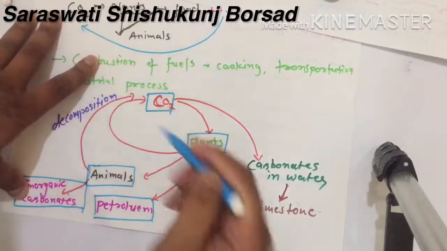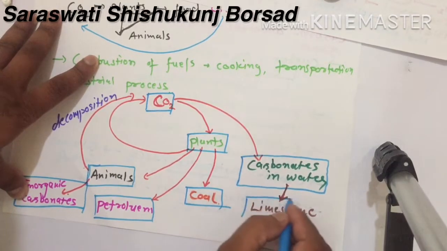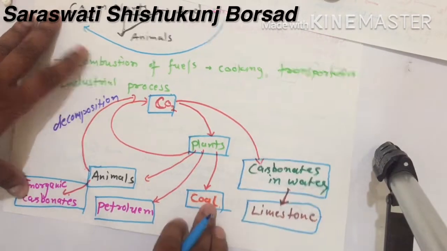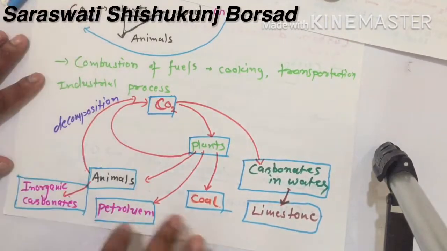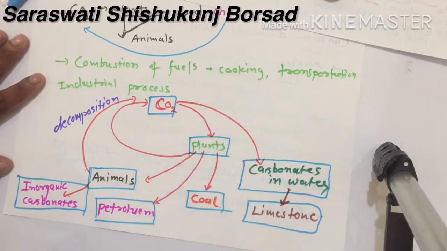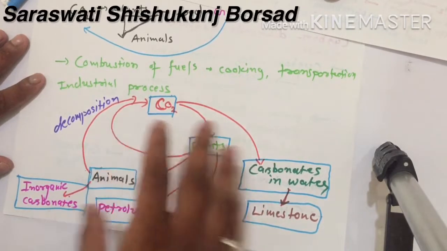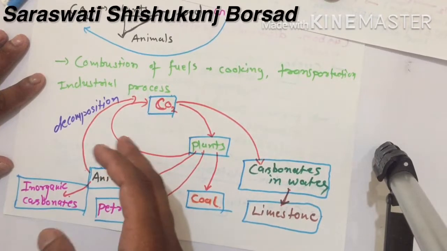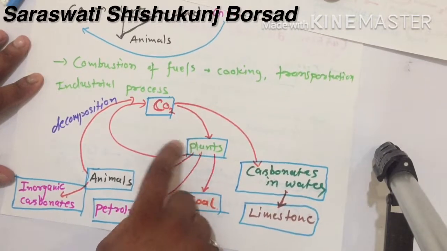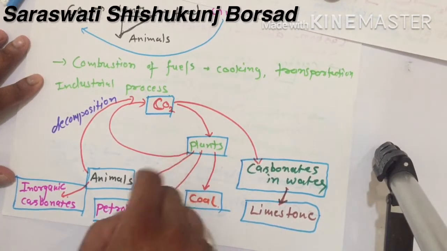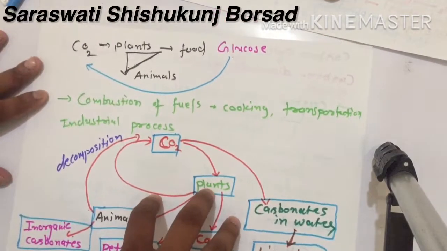Okay, so this way the carbon cycle works. So this cycle continuously happens. Again, there are many ways to release carbon dioxide into the atmosphere, but to utilize that carbon dioxide, there are only and only plants. Okay, so this way the carbon cycle is completed.